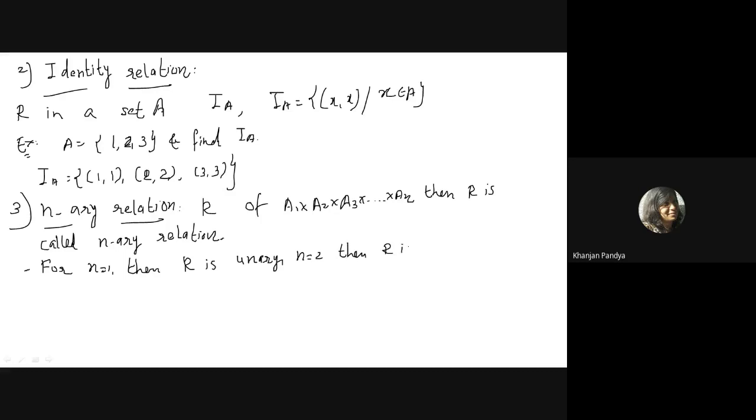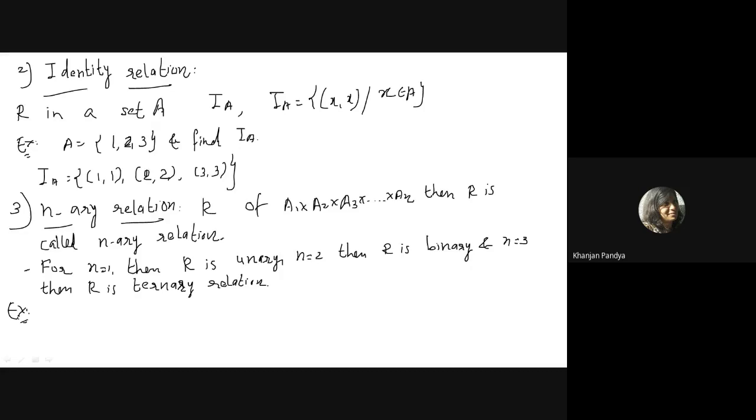Right, so if R is a relation defined on 3 sets, then we can say that it is a ternary relation.